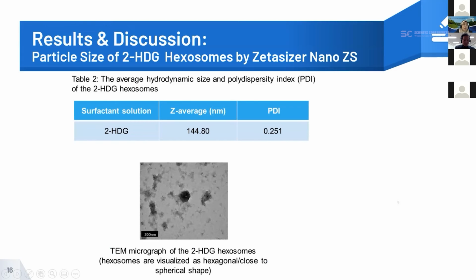This one is the particle size of 2-hexadecyl glucoside alone. The size is 144 with a polydispersity index of 0.251. This is the micrograph image by TEM, visualized as hexagonal or close to spherical shape of hexosome. However, this sample is not stable and starts to precipitate after 5 days onwards.